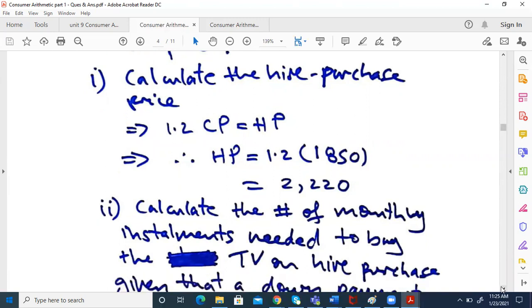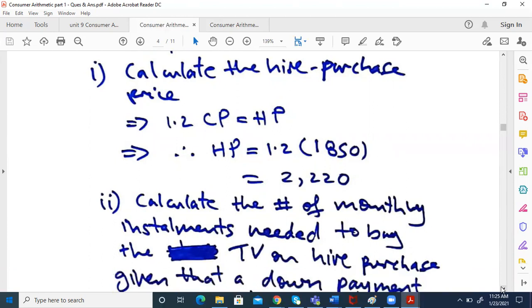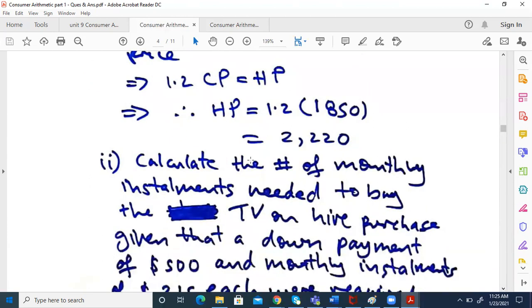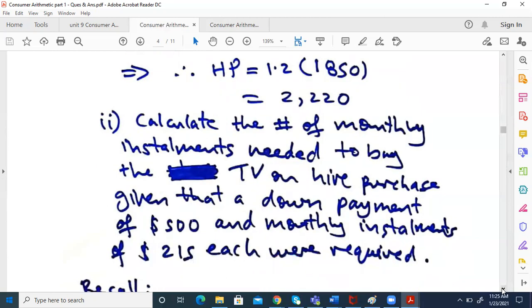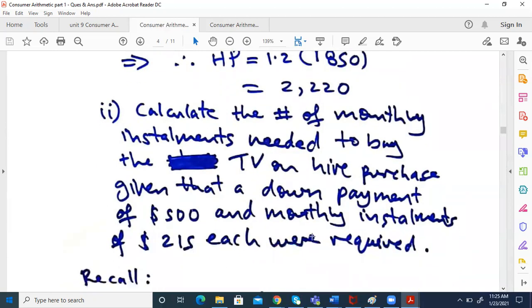So I will just go through this one and then give you a chance to do the others, right? So calculate the number of monthly installments needed to buy the TV on higher purchase, given that a down payment of 500 and monthly installments of 215 each were required. So this is the higher purchase price.